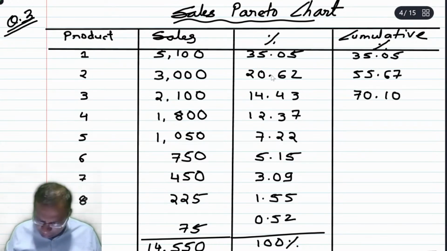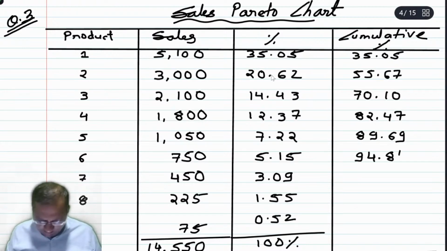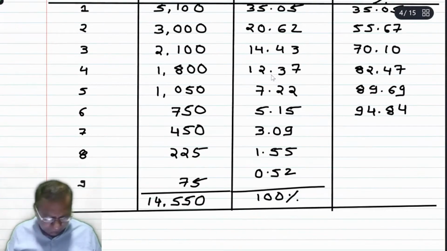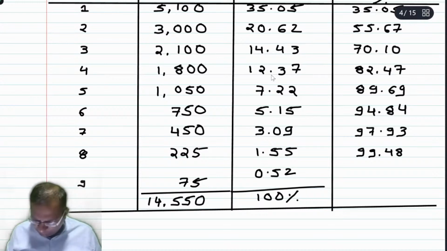Okay. Then 82.47, then 89.69, 94.84, 97.93, 99.48, and finally 100%.